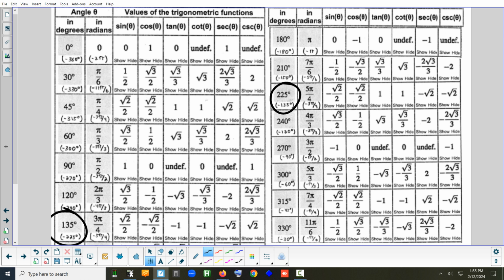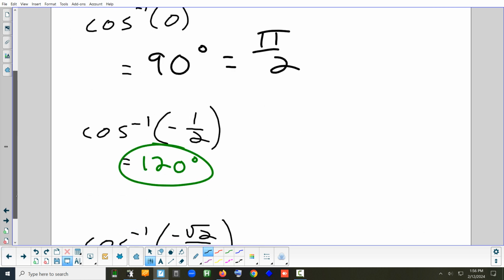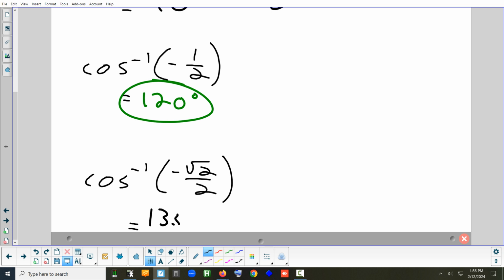So we got 135, negative 225, negative 135, and 225. Which one do we go with? 135. Yep. Stick with between 0 and 180. Okay. So any question on looking up inverse cosine in that chart?